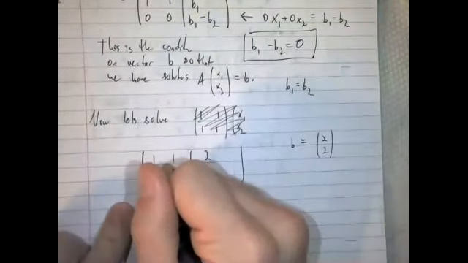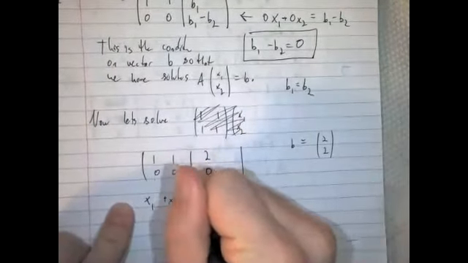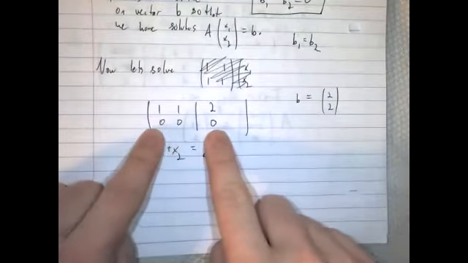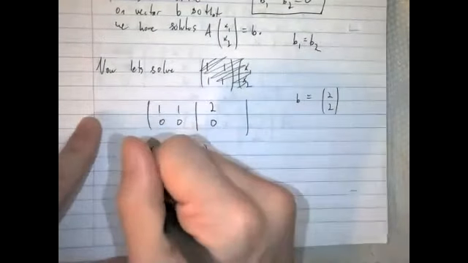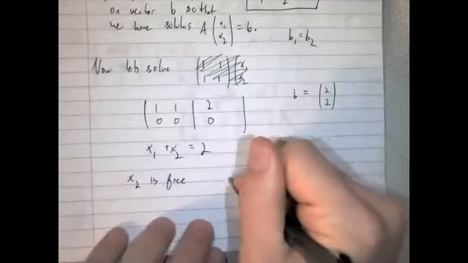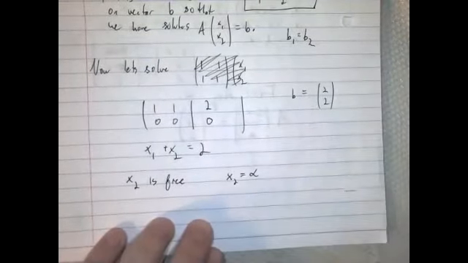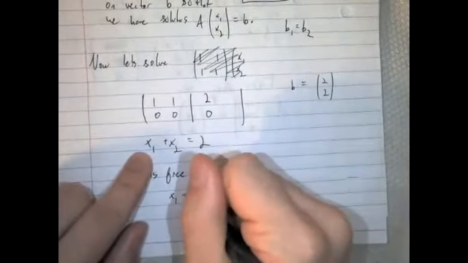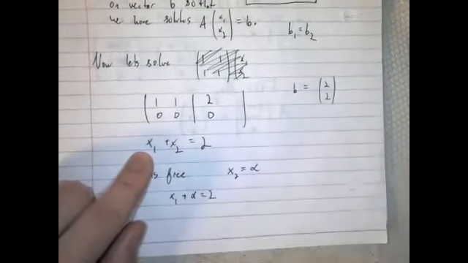So this is the equation, x1 plus x2 is equal to 2. This row of zeros tells me x2 is free. So I'm going to set x2 equal to alpha.